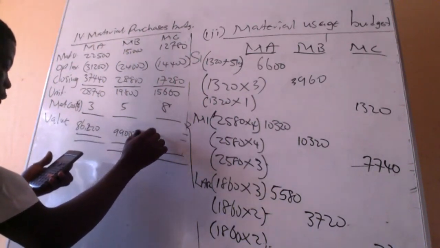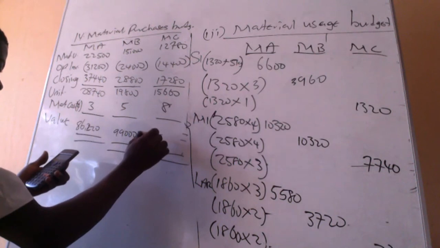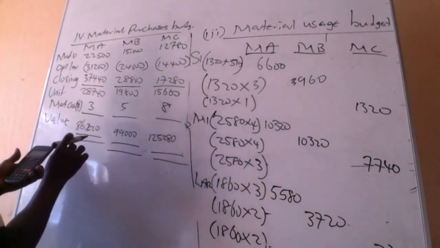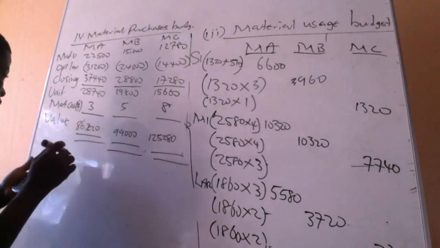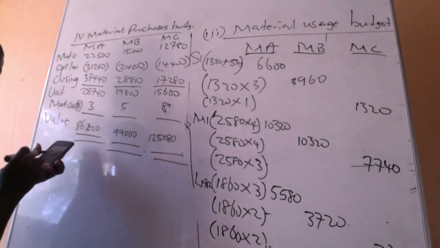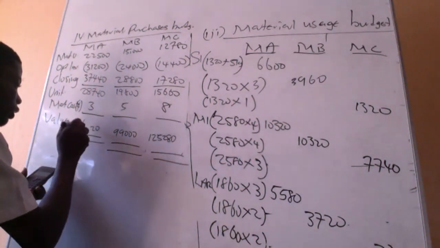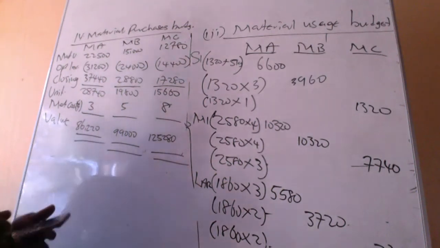Good, good. I hope the answers are correct. The first one, is it 86,200 or so? Which one do you get? 220. Yes, 86,220.